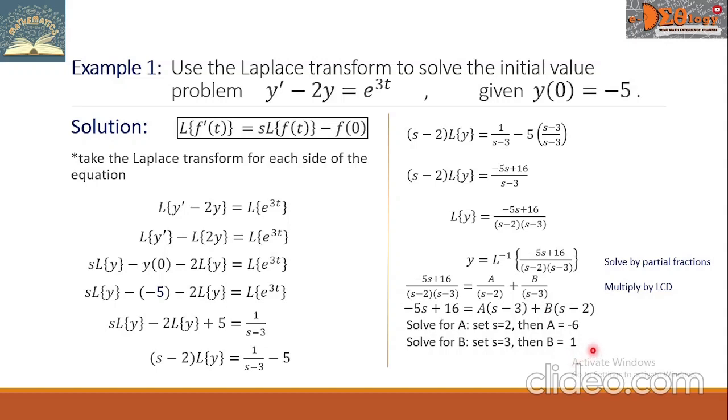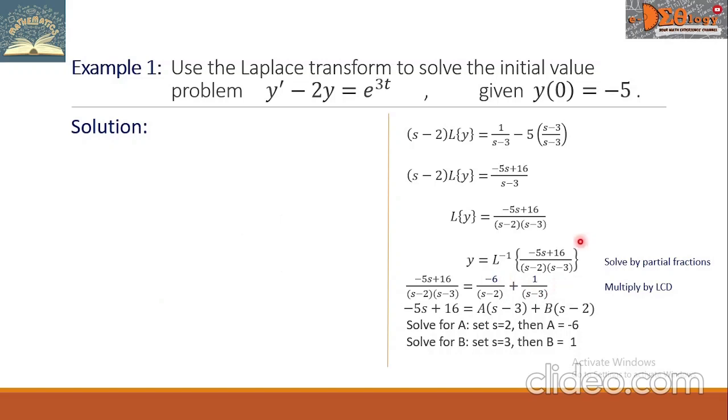Next thing, we're going to change the value of a and b in these fractions respectively. So it becomes like this now. Let us now rewrite the equation here using the partial fractions. Then we're going to take the Laplace inverse of each of our fractions inside the grouping symbol.